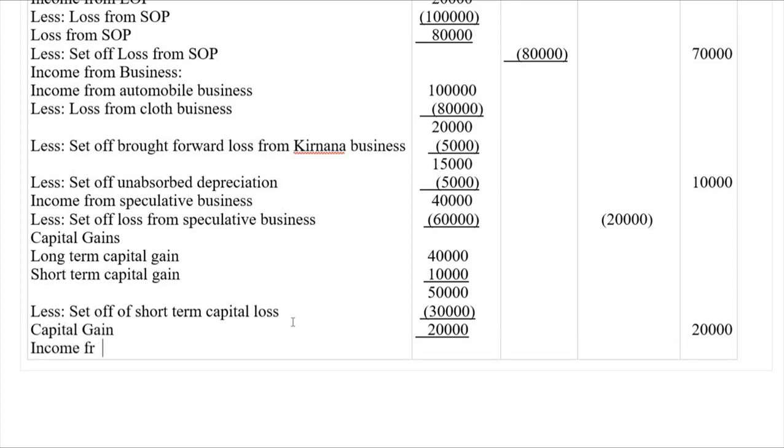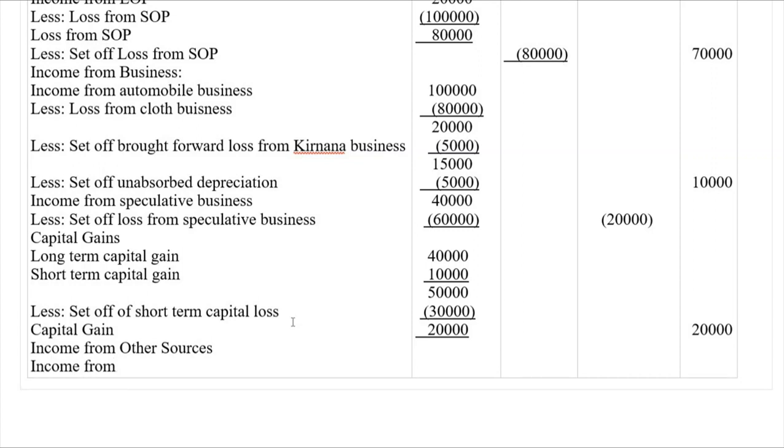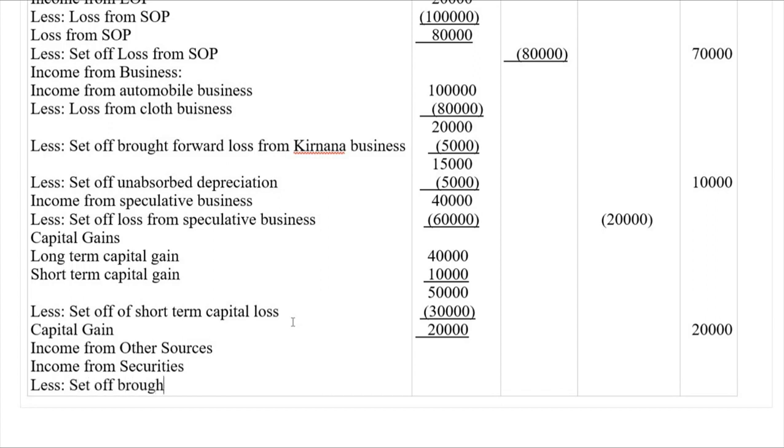Then the next one is income from other sources. Under this we have income from securities. Income from securities is given as rupees 20,000 less set off of brought forward loss from interest on securities.